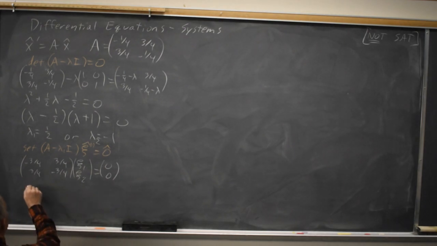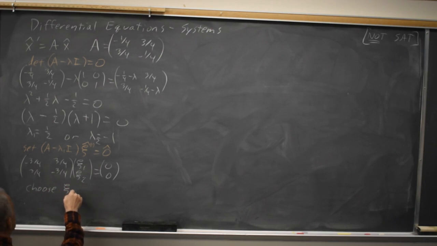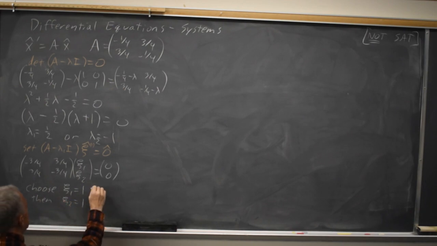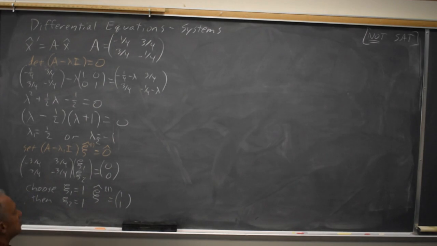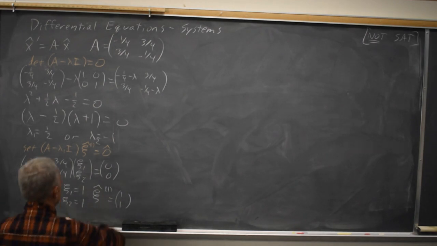And if we choose a value for C1, a convenient value is 1, then we can solve for C2, which is also 1. So our first eigenvector is the vector 1, 1. There is no unique solution because the second row is negative 1 times the first row.